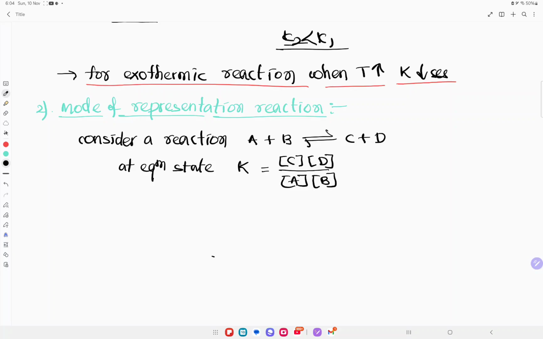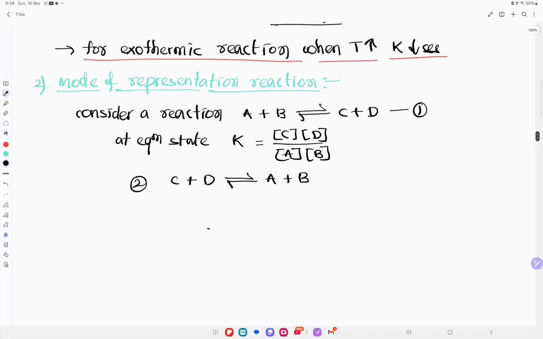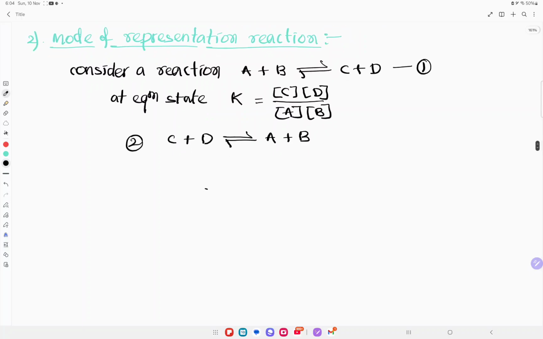Consider it as equation 1. If equation 2 is C plus D gives A plus B, your equation is reversed. Then when the equation is reversed, what does the equilibrium constant become?